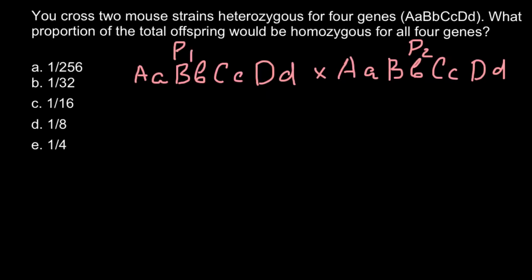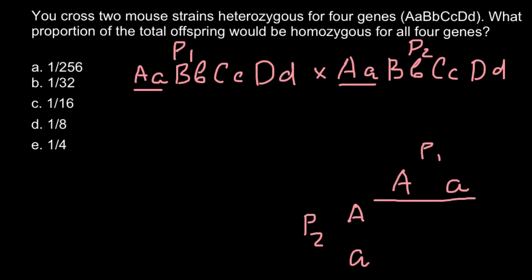So imagine that we have parent 1 on this side, and for the gene A, for example, this parent would be heterozygous, so would have capital A and small a alleles. And on this side we would have parent 2 that is also heterozygous for this allelic pair. So as you see, both parents are heterozygous, so we also put here capital A and small a.